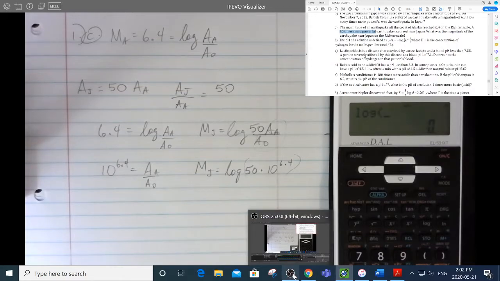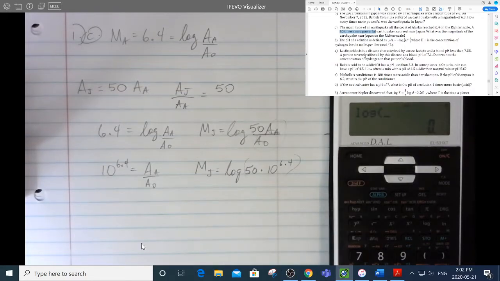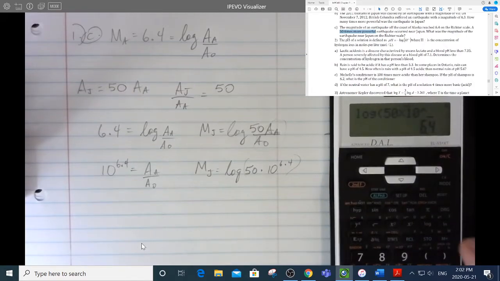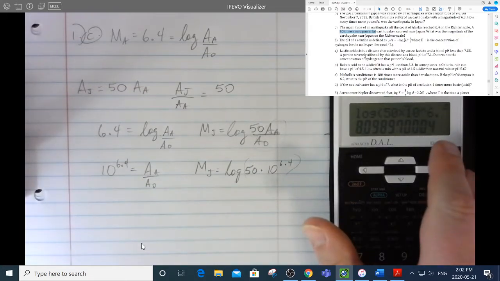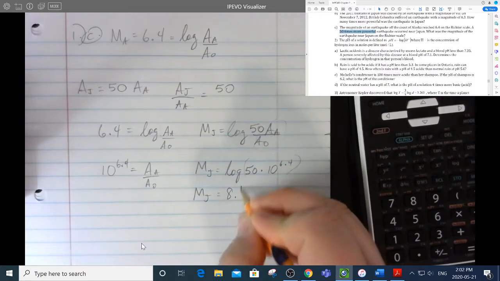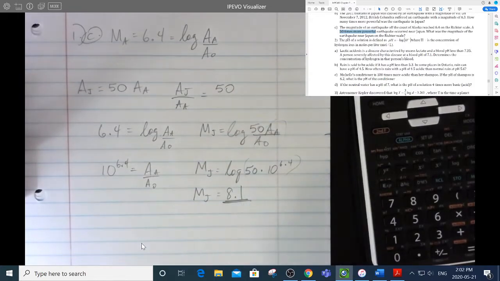So log of 50 times 10 to the power of 6.4, and then don't forget to close the bracket that tells the calculator that that's all the log, and there you go, you get the same answer, 8.1. Keep in mind that there are other ways you could approach this. I'm happy with just going with what my calculator does here. Oh, my screen froze. There we go. We're back. So that's about 8.1 on the Richter scale, and that's the answer that we get.